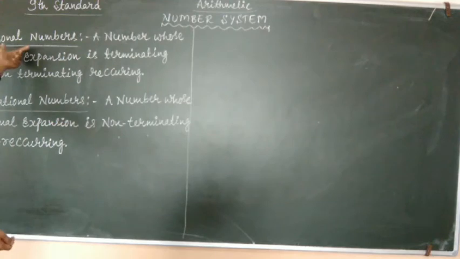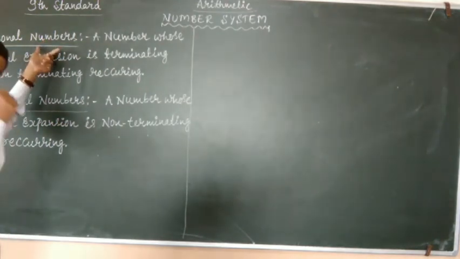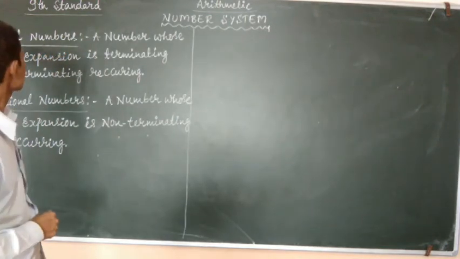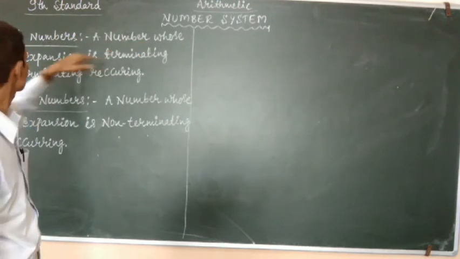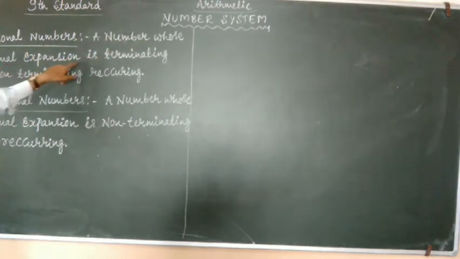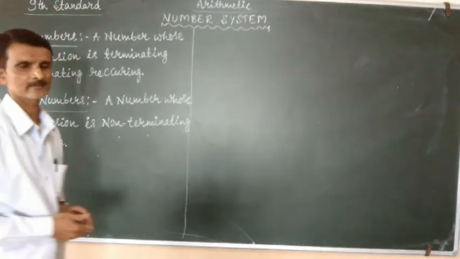In the previous class we saw, by seeing the decimal expansions, the rational numbers. A rational number means a number whose decimal expansion is terminating or non-terminating recurring.